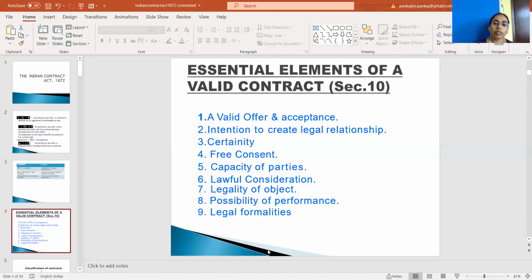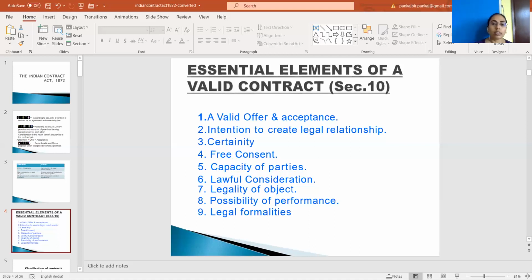Next essential is possibility of performance. As I told you, in a contract there is an obligation on the part of a party. That obligation is called his part of performance. So the performance should be possible. If there is no possibility of performance, it should not amount to a contract.